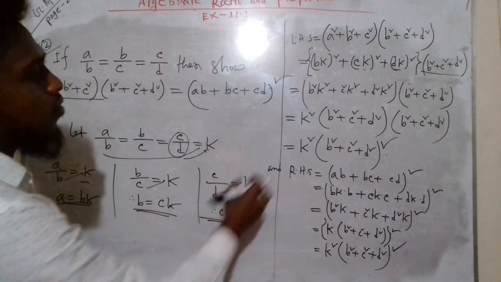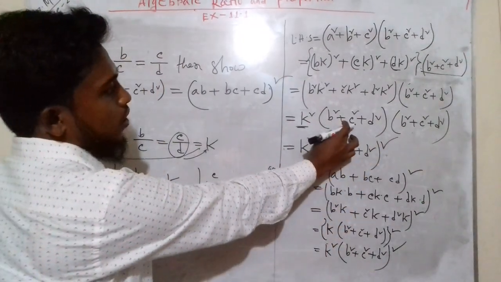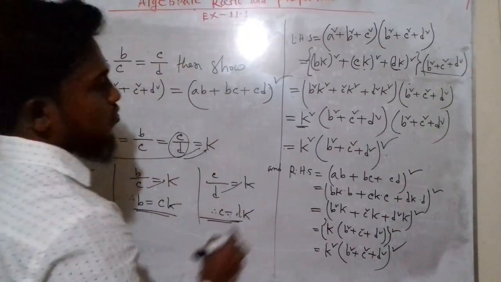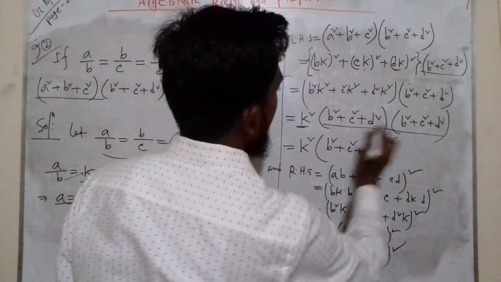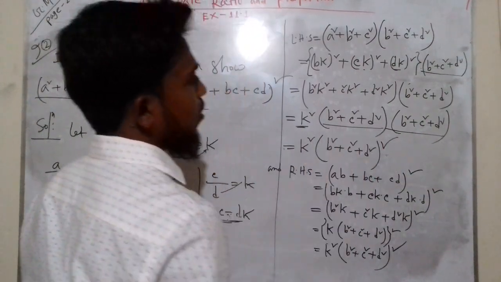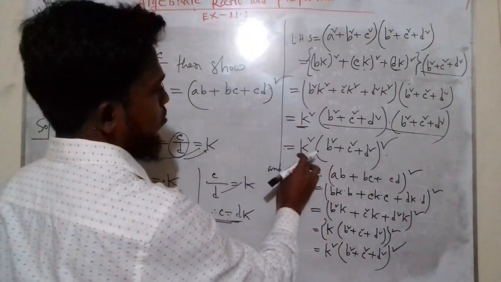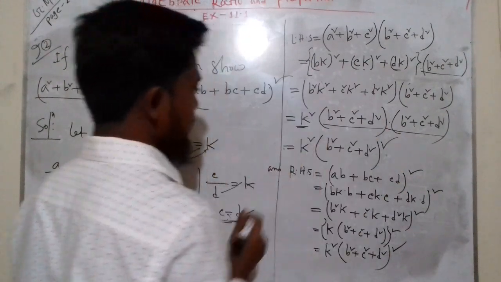Taking the common k^2, we get k^2 (b^2 + c^2 + d^2) into (b^2 + c^2 + d^2), here it is the same term. So we can write k^2 into (b^2 + c^2 + d^2) whole square.